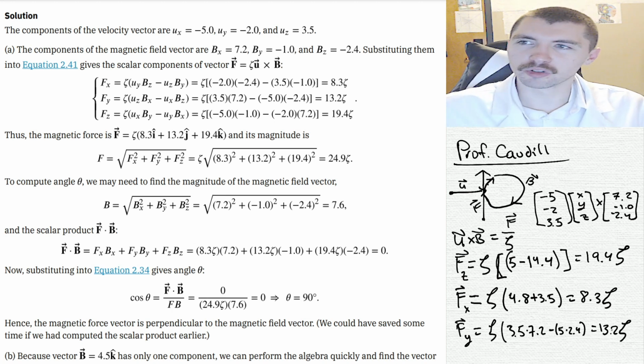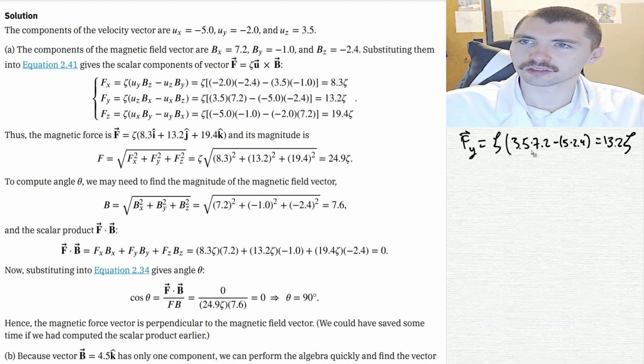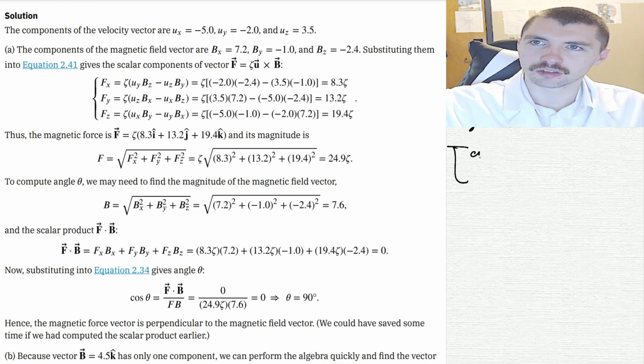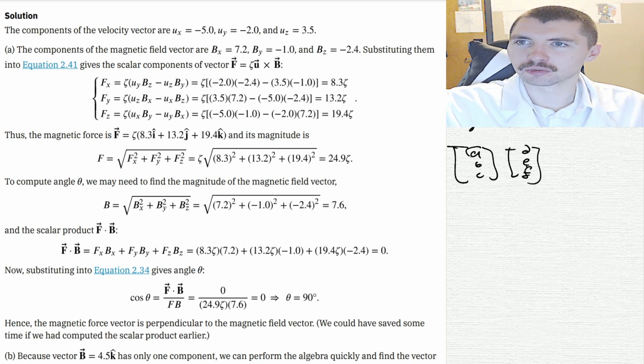So you might be wondering why I'm doing it in this order. It's because I'm familiar with the very abstract linear algebra cross product, where it's something like this: A, B, C, D, A, B, C, D, E, F. So I'm familiar with the cross product where it's like this minus this, and then this minus this.